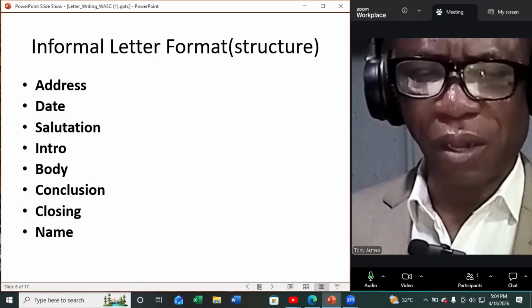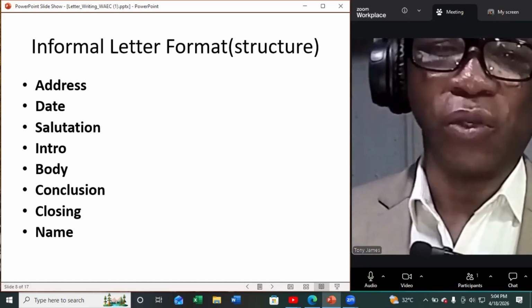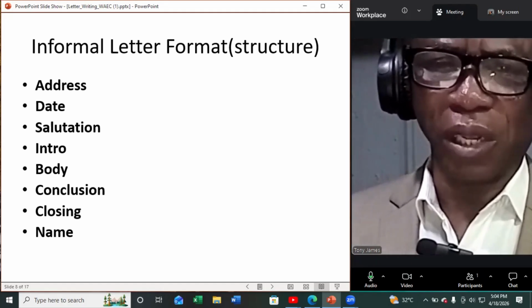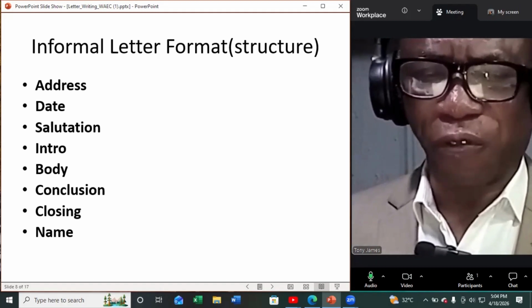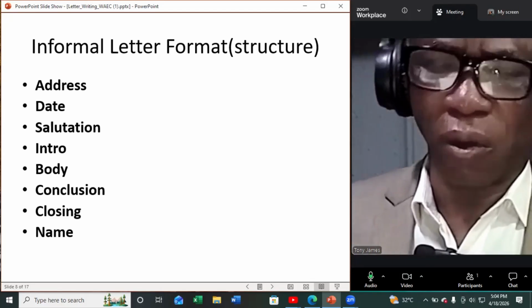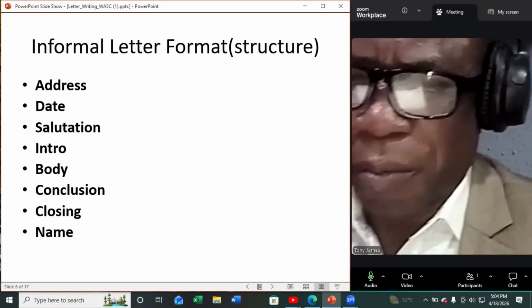And then after the closing remark, you just put your name, not your first name and your last name, but only your first name. And this place does not require any signature, because it's an informal letter.